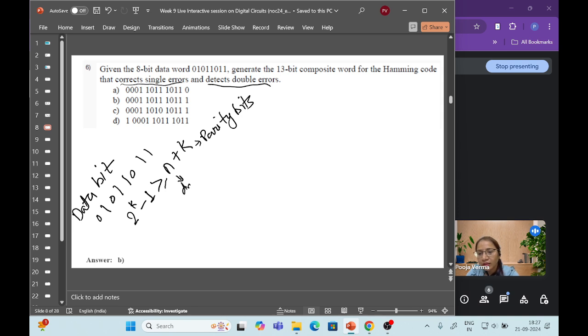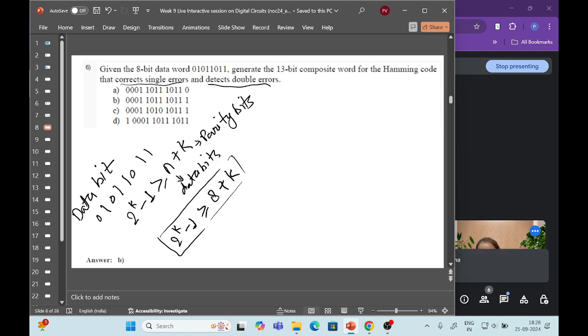So here data bits is given, that is 8, 2 to the power k minus 1 greater than equal to 8 plus k. In the same way, we need to find out by putting the values of k and then find whichever satisfies that condition.